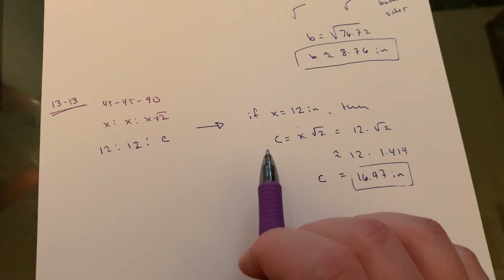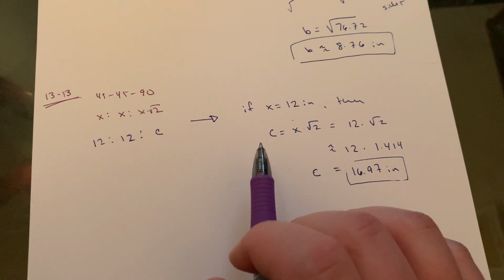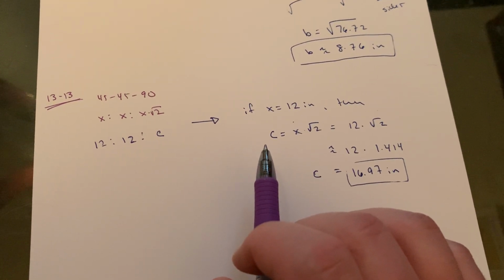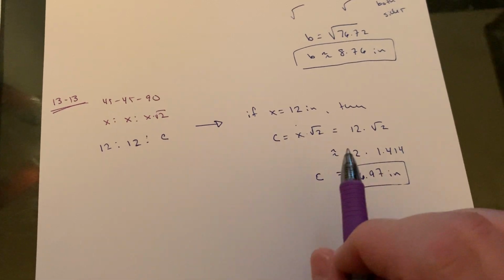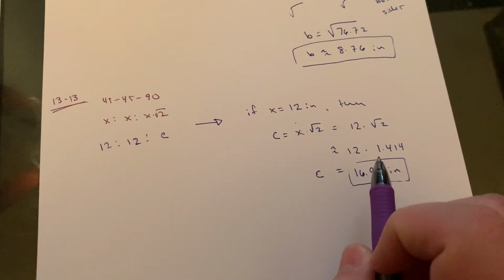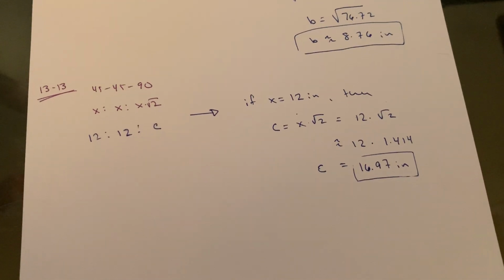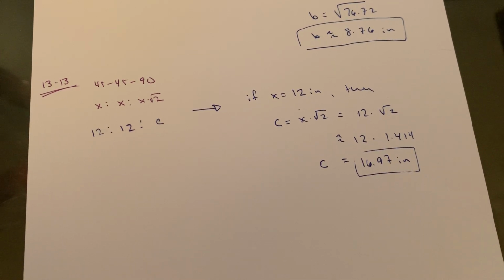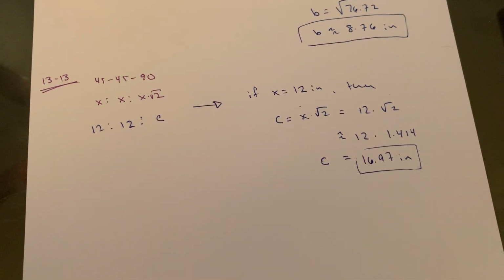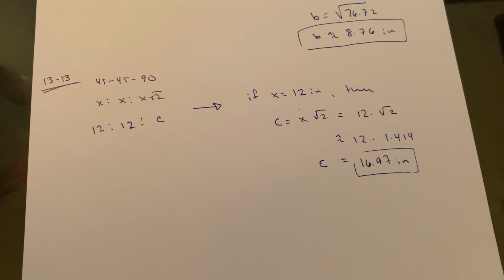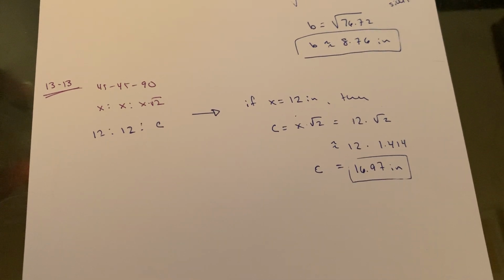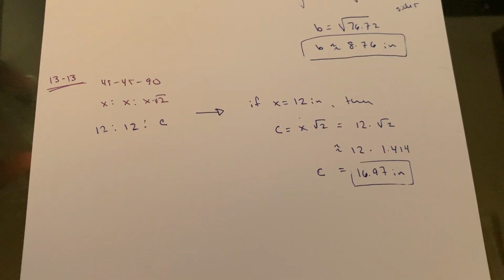Rather than in the other example when we had to divide by root 2, this time we're just multiplying. So 12 is x, so 12 times root 2. Root 2 is about 1.414, so times 12 gets us to 16.97, and that's going to be our final. You could round it to 17, I suppose.